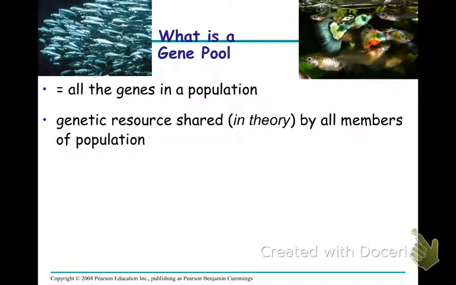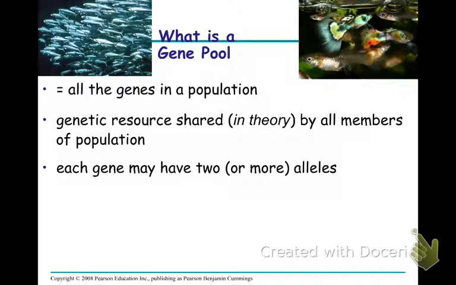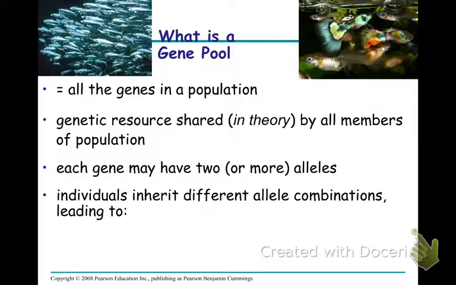But right now, let's presume it is just in a box. All of the eye color alleles are in a box. Right? And that is the gene pool for that. For each gene, there may be 2 or more alleles, depending. Supposing I'm talking about, say, blood group, there might be more than that being added into the gene pool. Alright? And individuals inherit different allele combinations.